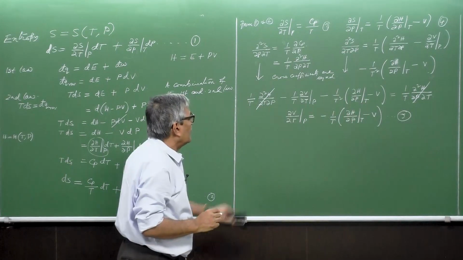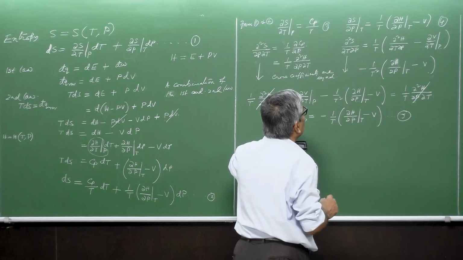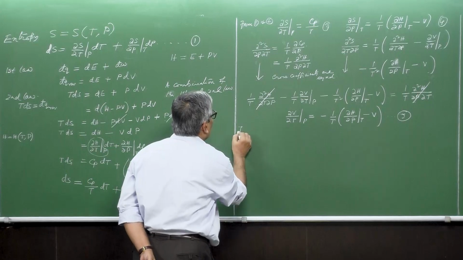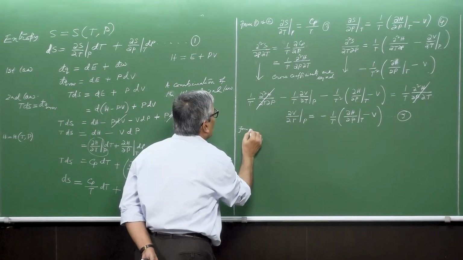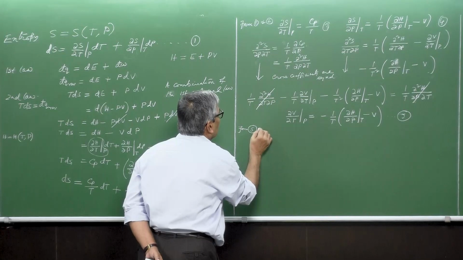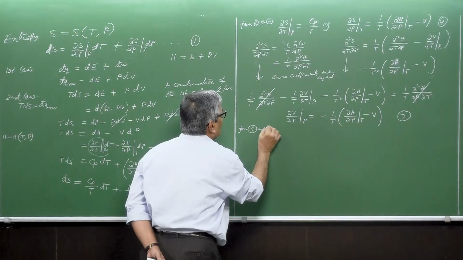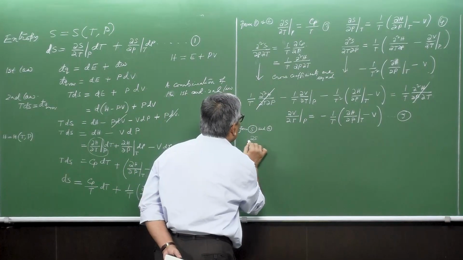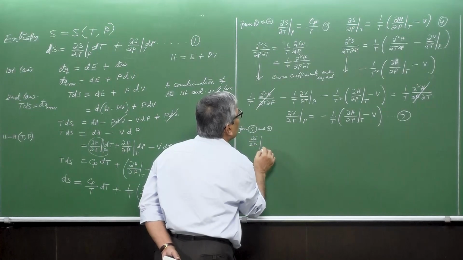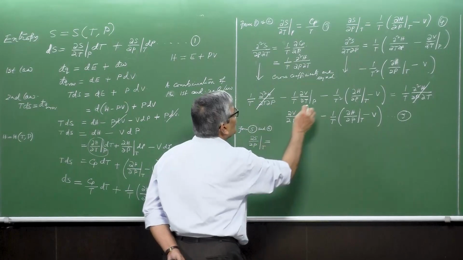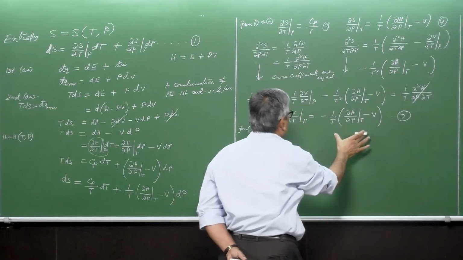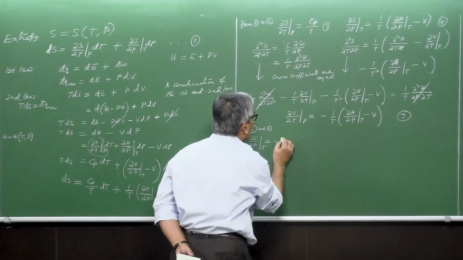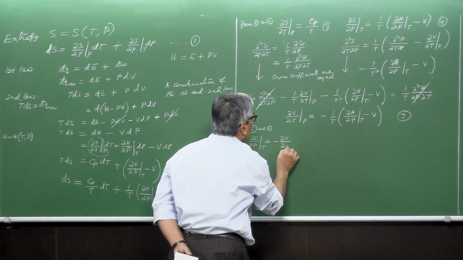Now from 5 and 4, you can immediately see what is my (∂S/∂P) at constant T. That is equal to this quantity, and this quantity has a minus sign, so it is minus of (∂V/∂T).